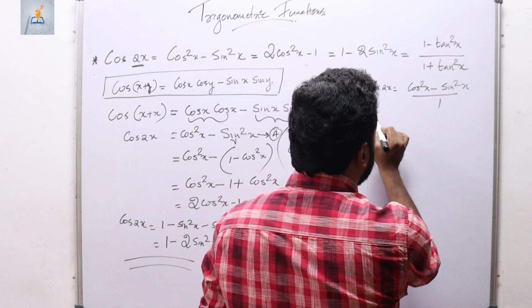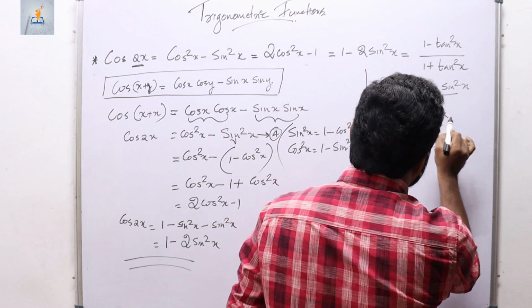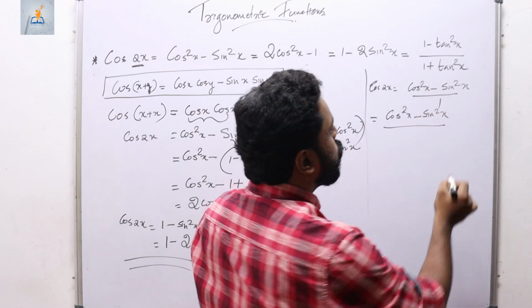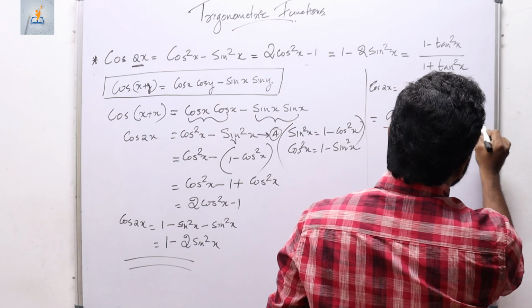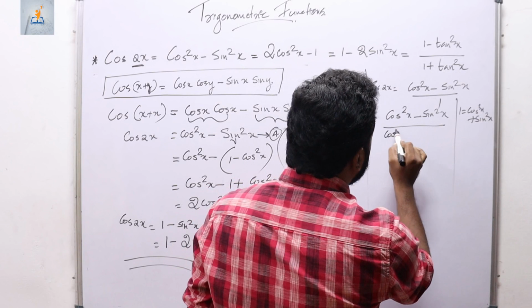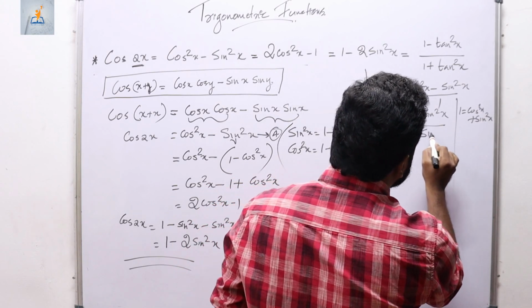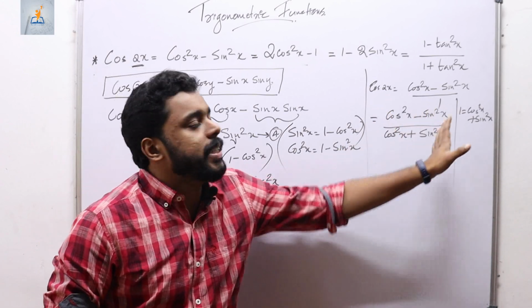But we now can do this. Cos square x minus sin square x. We know that 1 is equal to cos square x plus sin square x, isn't it? I can just substitute that here. It will become cos square x plus sin square x. So I obtained cos 2x just like this.